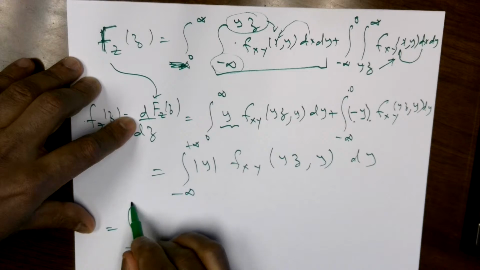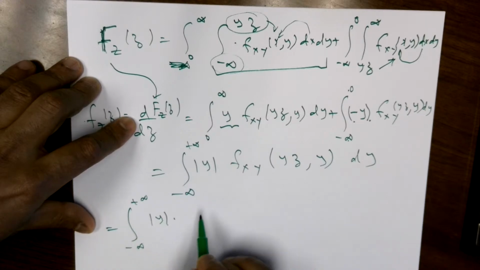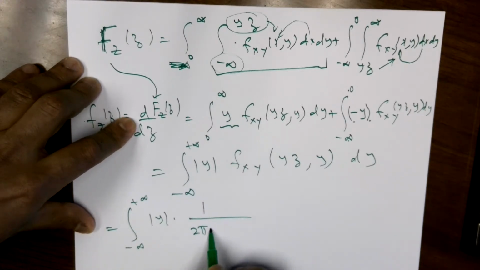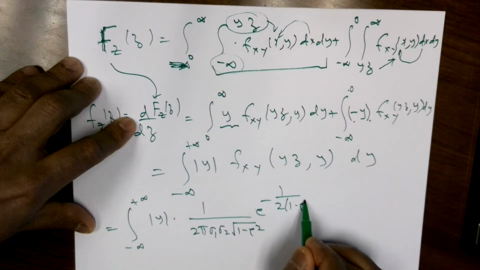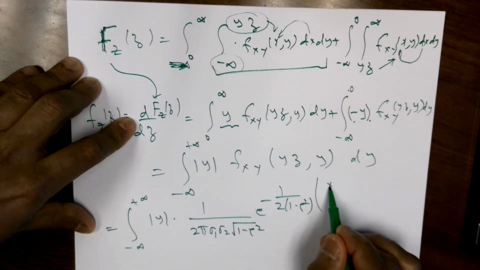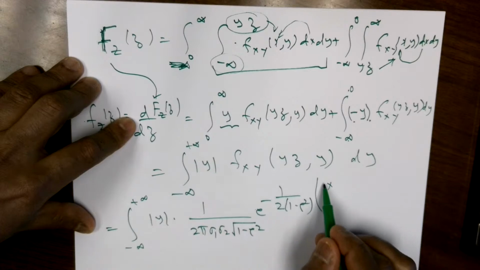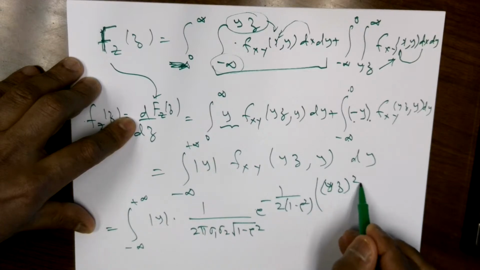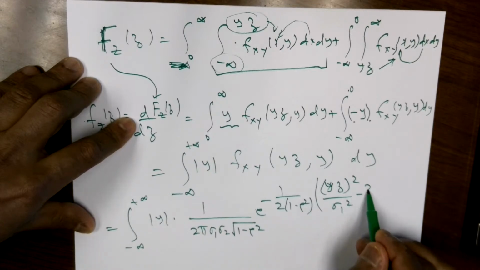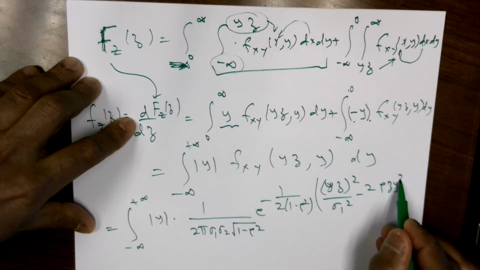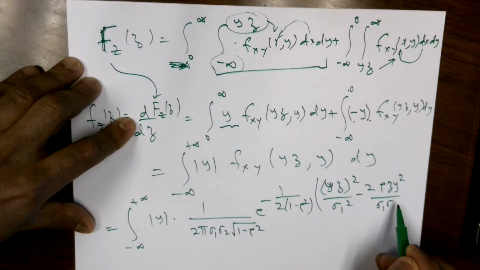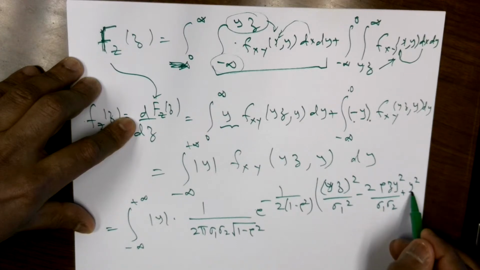So minus infinity to plus infinity, absolute value of y, 1 over 2 pi sigma 1 sigma 2 square root of 1 minus rho squared, e to the power minus, this is the joint density function, so instead of x I'm going to substitute yz, the whole squared over sigma 1 squared minus 2 rho xy, so that becomes z y squared over sigma 1 sigma 2 plus y squared over sigma 2 squared dy.